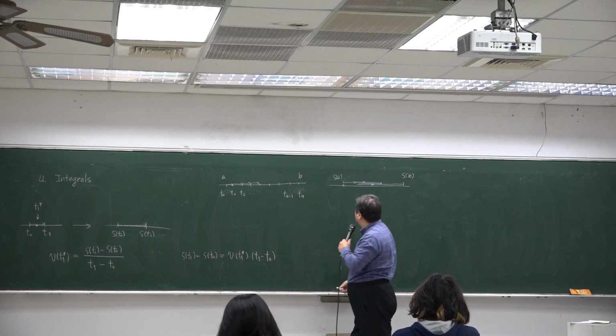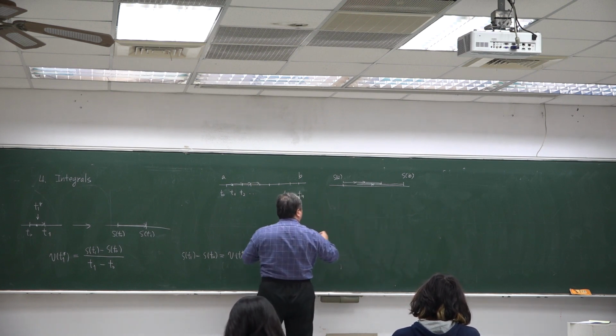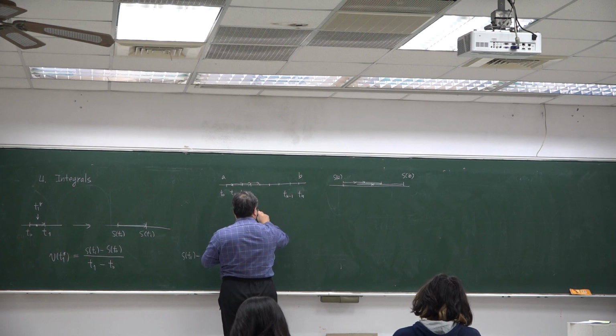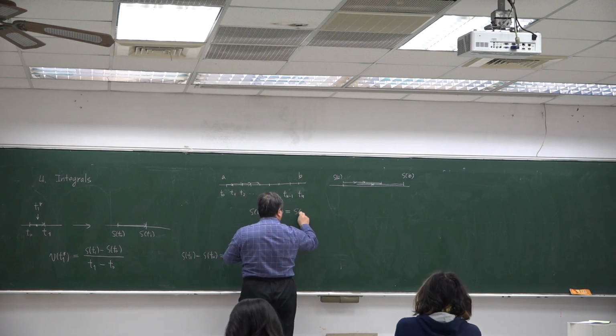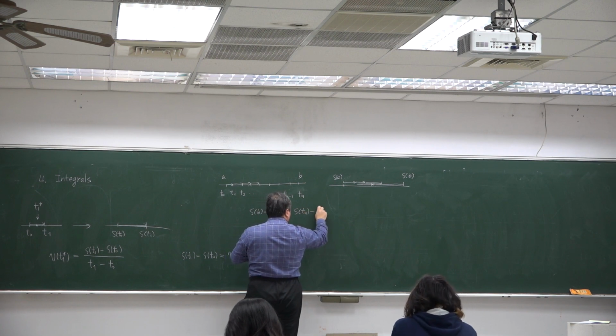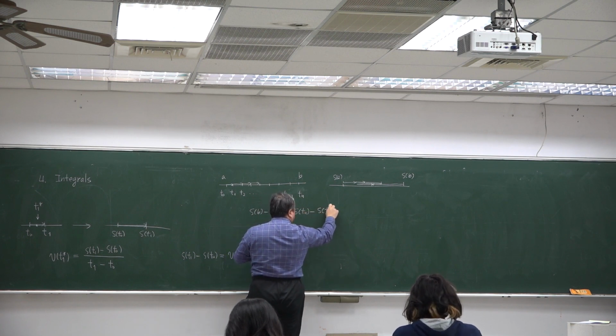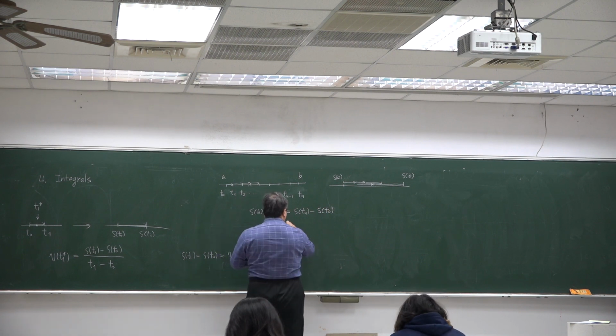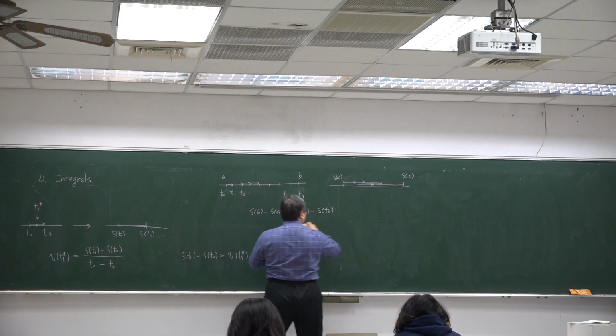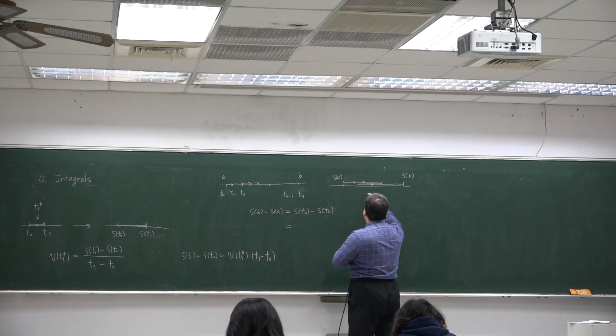So S of B minus S of A equals S of tn minus S of t0. And this displacement is the sum of these vectors.